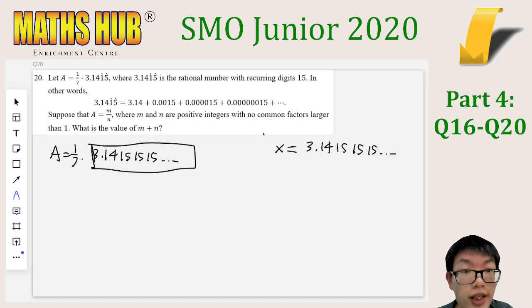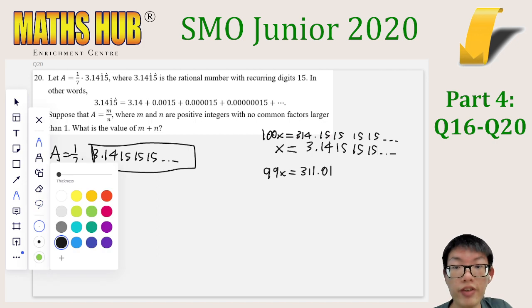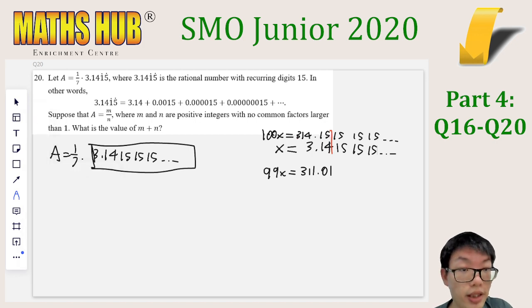And so how we do that is you write 100x is 314.15151515 and so on. So really, I've just shifted the decimal point 2 steps to the right. But because 151515 is repeating, if I take the difference, 99x would be equal to 311.01, and there's nothing behind because everything in the 151515 repeating block here will cancel out.